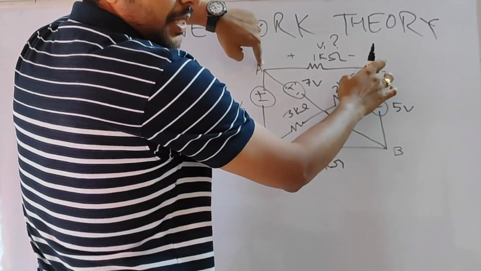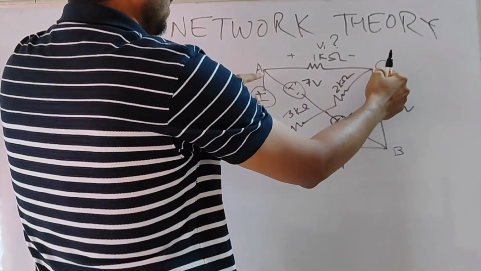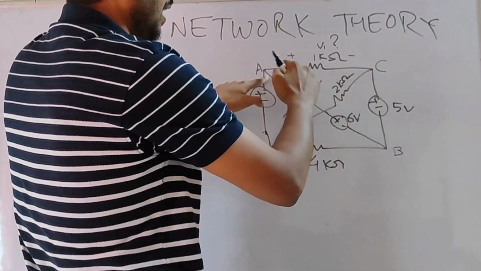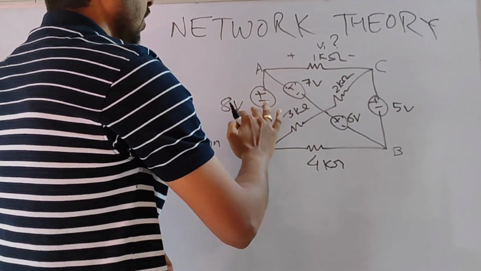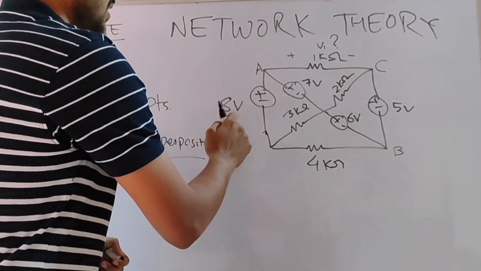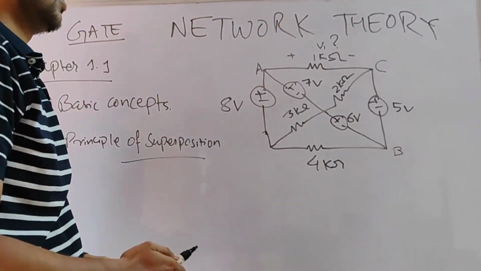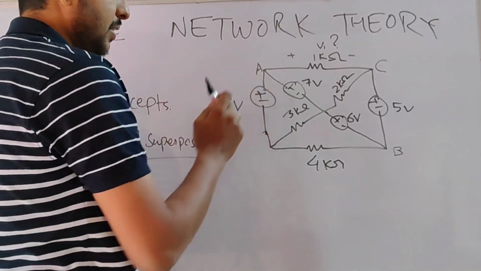A, B, C become the same point. If they are at the same potential, no current flows, and hence there is no potential drop. So this 8 volt has no contribution in the potential drop here. First part is done.